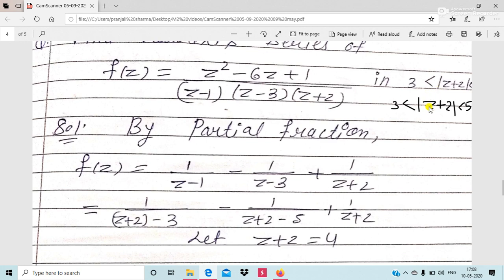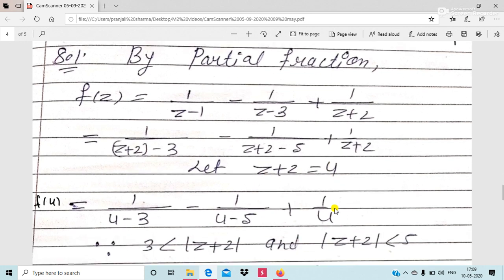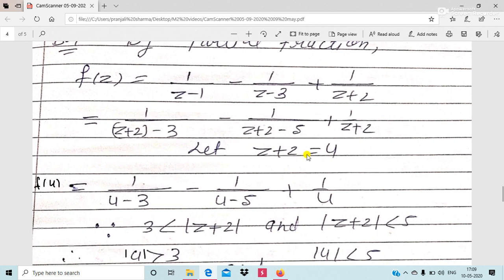Now since the condition is this, the terms can be written as 1 upon z plus 2 minus 3, 1 upon z plus 2 minus 5, and 1 upon z plus 2. So f of z is written in terms of z plus 2. Now let z plus 2 be equal to u.